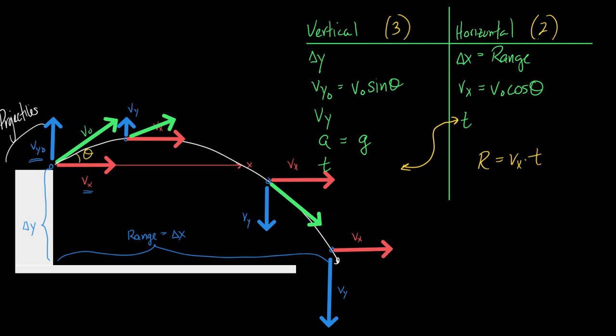Here's the basic problem. The basic problem for projectiles is to find a range. So let's set up a basic problem. Let's say I have an object that's going to be launched off of a 2-meter high platform. And I'm trying to make this pretty basic, so let's say it's launched at 5 meters per second at an angle of 30 degrees.